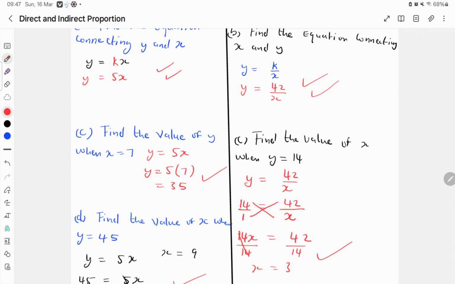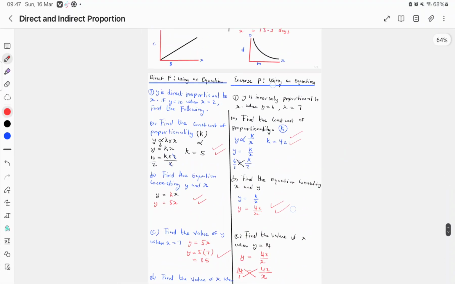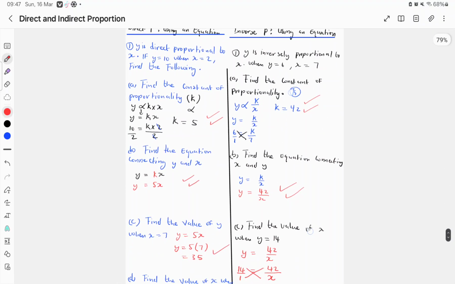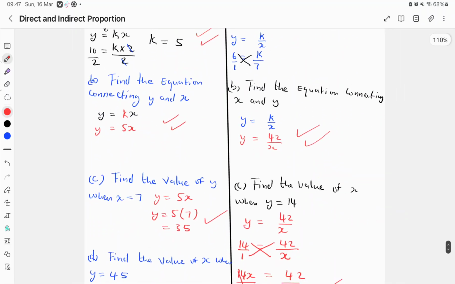So that is the first question on direct and indirect proportionals. But questions can be different. Now we're going to look at different questions and the way we need to be careful. Are we together?